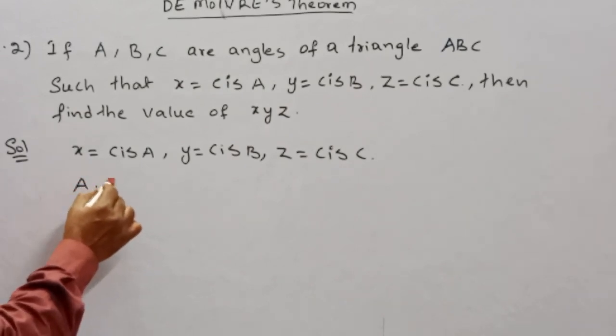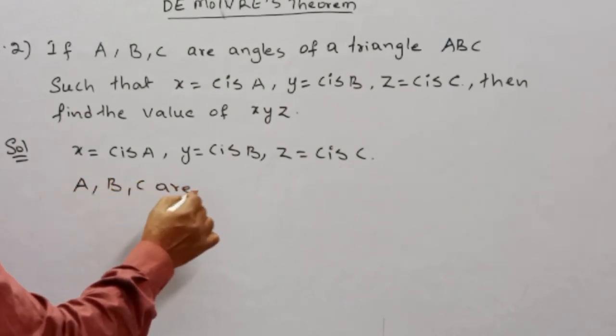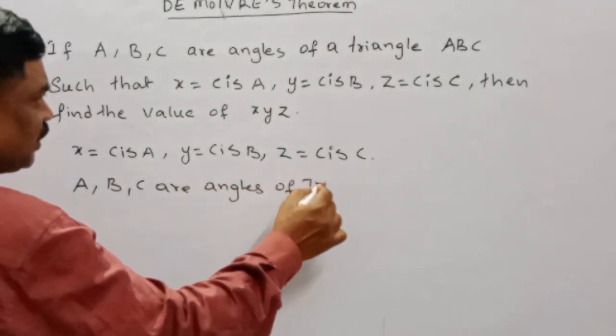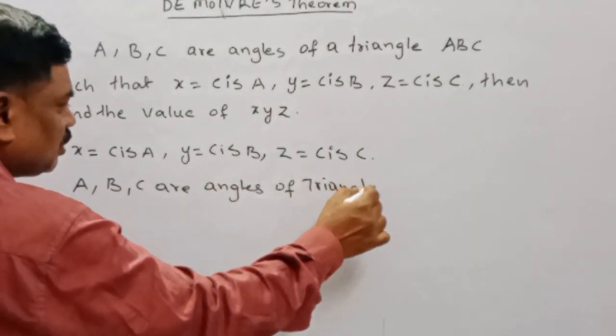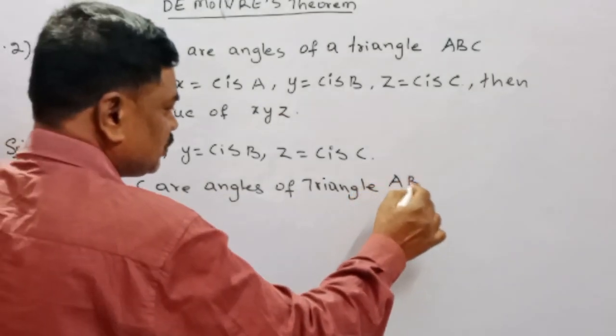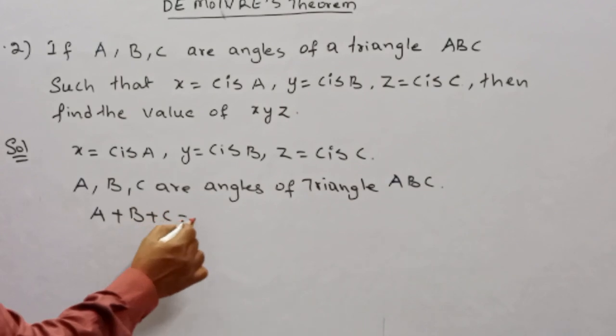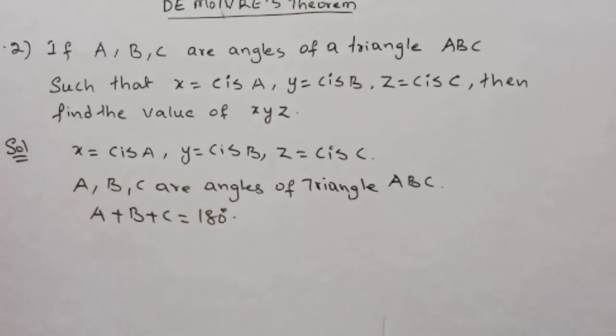A, B, C are angles of triangle ABC. So A plus B plus C is equal to 180 degrees.